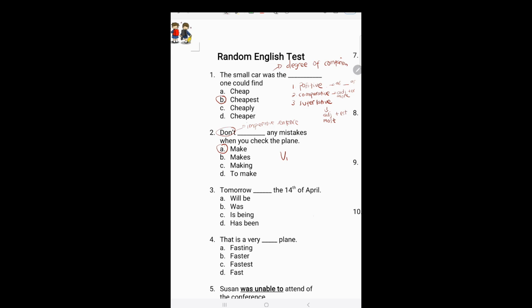Number 3. Tomorrow, blah blah blah, the 14th of April. The word tomorrow here indicates that this is a future tense.